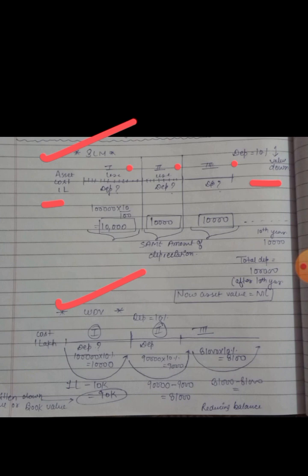Then we calculate the amount of depreciation by using the formula cost into percentage. That means a reduction of 10,000 is faced by the business in terms of depreciation every year. This method is simple. At the end, that is the 10th year, the depreciation value is 10,000 but the total depreciation is 1 lakh. That means depreciation equals asset cost, so the value of the asset becomes nil.